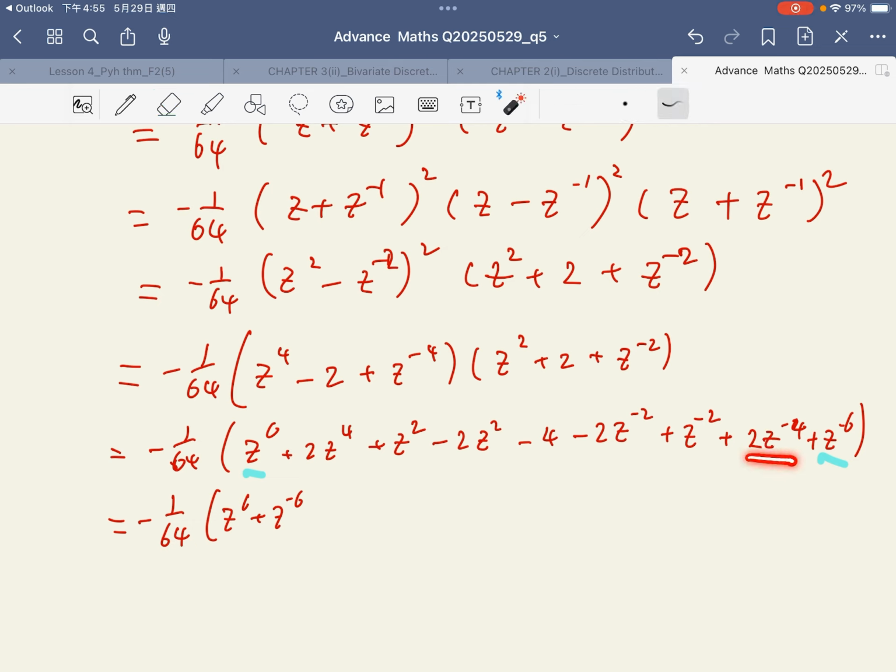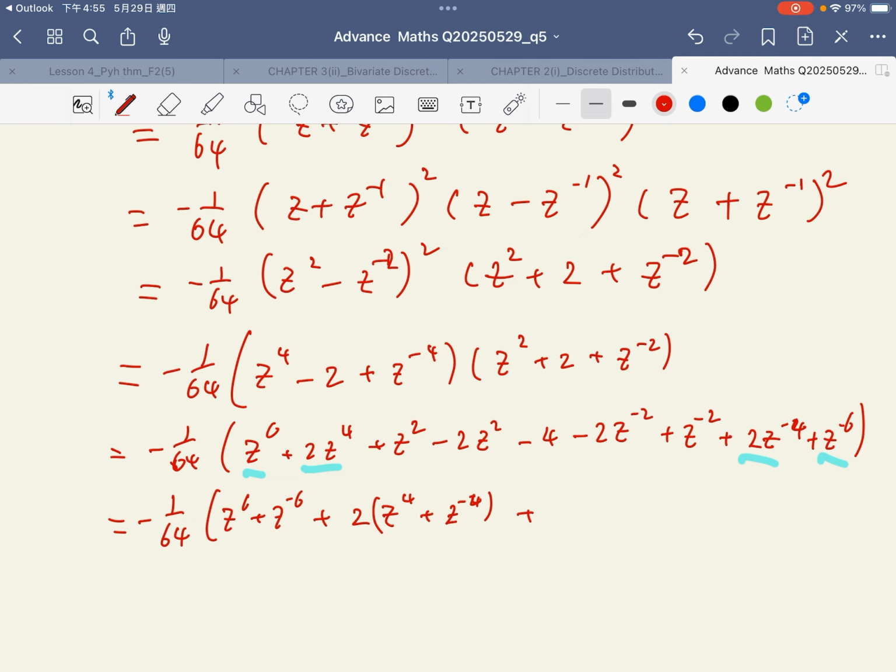Then I group these two terms together: plus 2 z to the power 4 plus 2 z to the power negative 4.